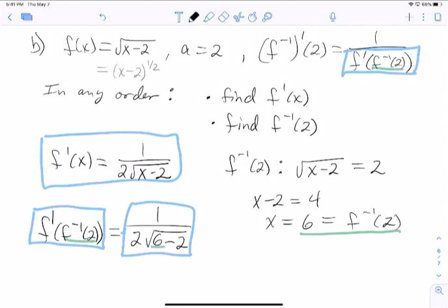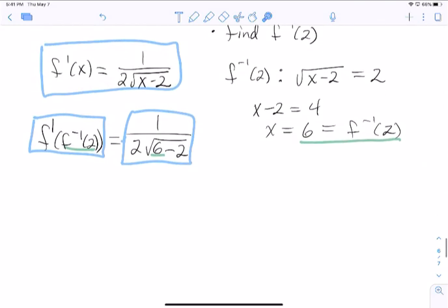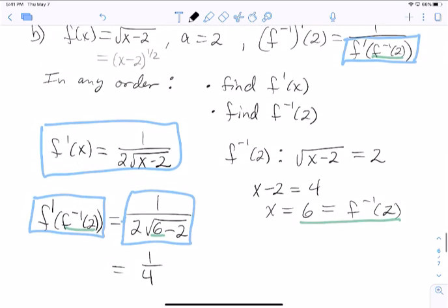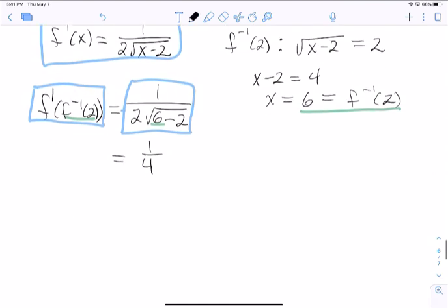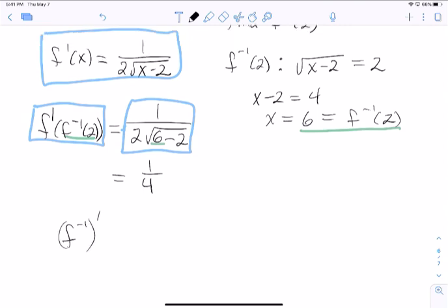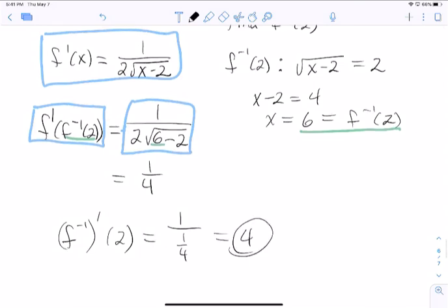So f prime of f inverse of 2 is equal to 1 over 2 times the square root of 6 minus 2. That becomes 1/4. That 1/4 belongs in the denominator of the expression for the derivative. And so f inverse prime of 2 is 1 over the 1/4 that we just got, and so is equal to 4.